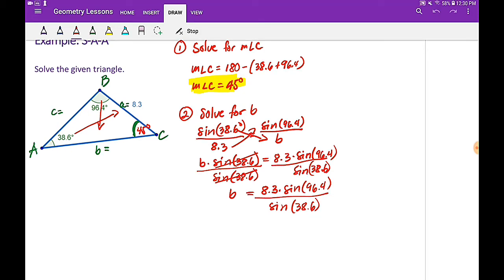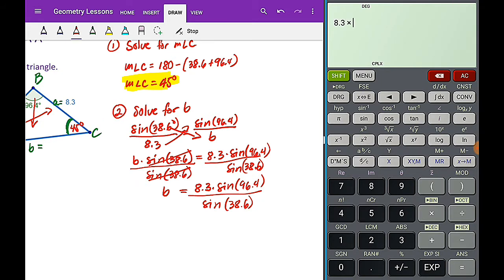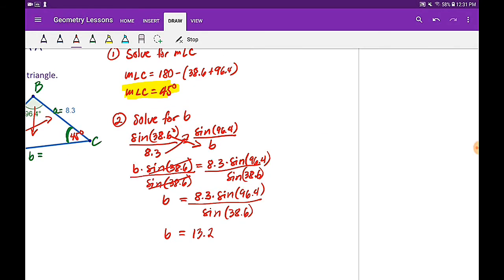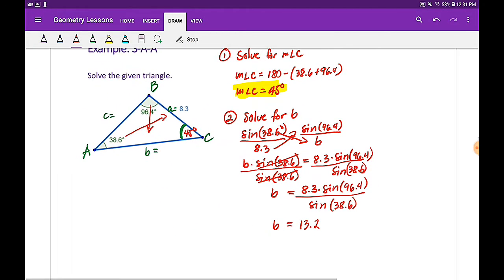Let's put it in our calculator. So we have B is equal to 13.22. Let's stick to one decimal place, the nearest tenth, as given. It's going to be 13.2 units.